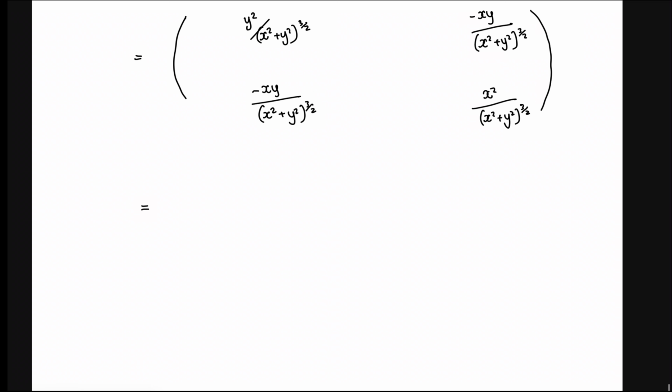Now, if I take 1 over (x squared plus y squared) to the power of 3 over 2 outside of the matrix, we're just left behind with y squared, minus xy, minus xy, and x squared. So this would be our Hessian, fully simplified.